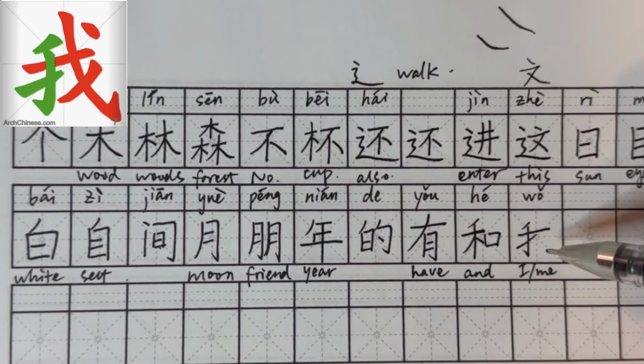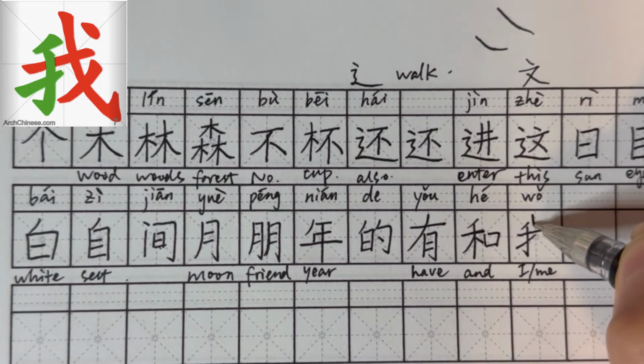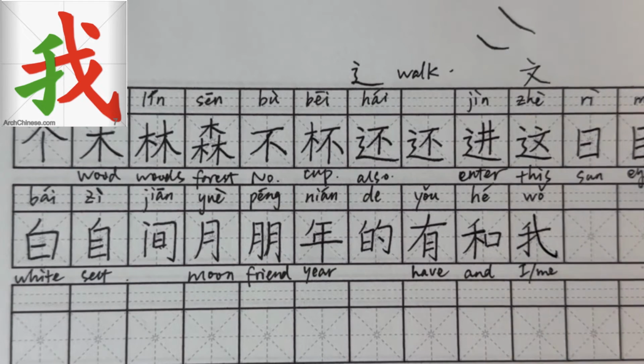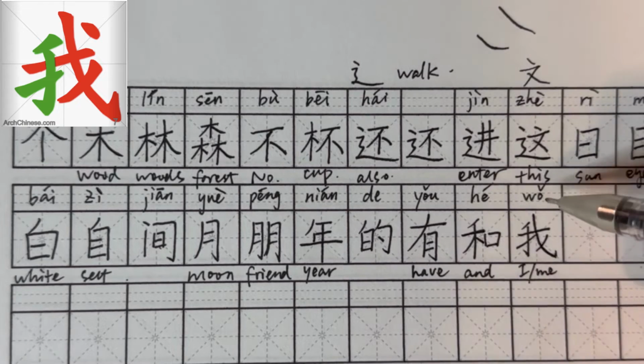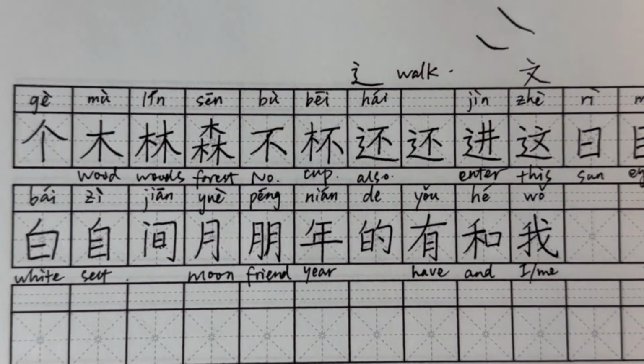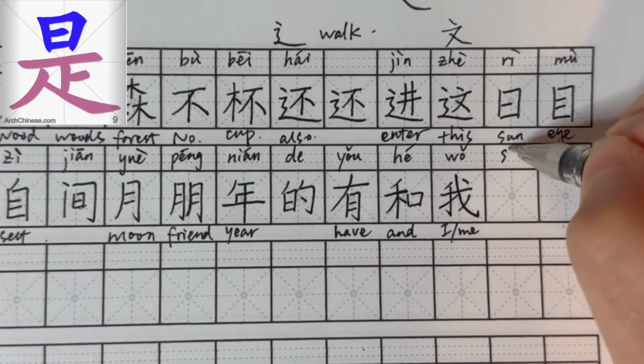But this stroke is connected with a hook at the end. So start from top. 1, go. In the middle, 撇. And don't forget, 点. Beautiful.